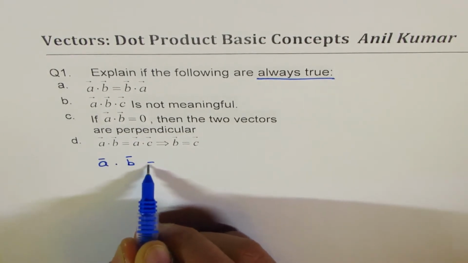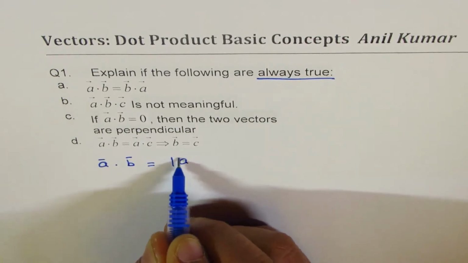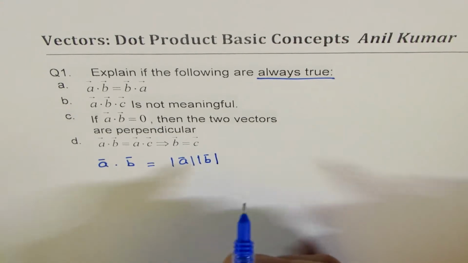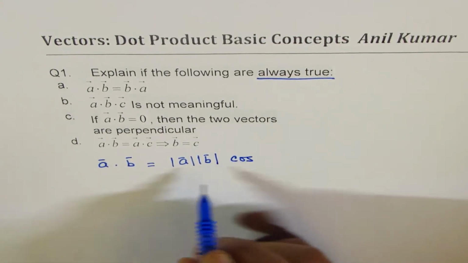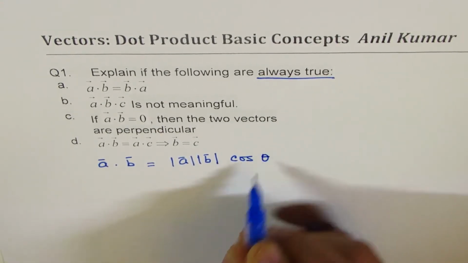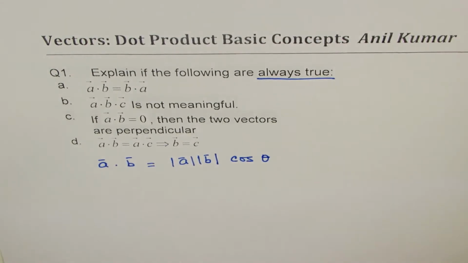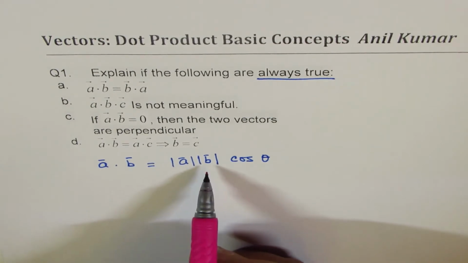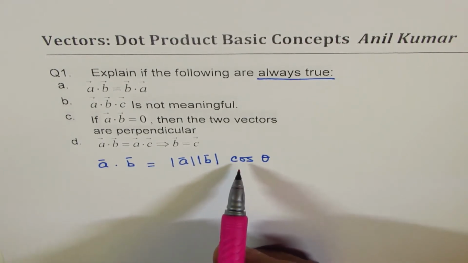A dot B is equal to magnitude of A times magnitude of B times cos of the angle between them. So let's say theta is the angle between them. Then the dot product of A and B is magnitude of A times magnitude of B times cos theta.